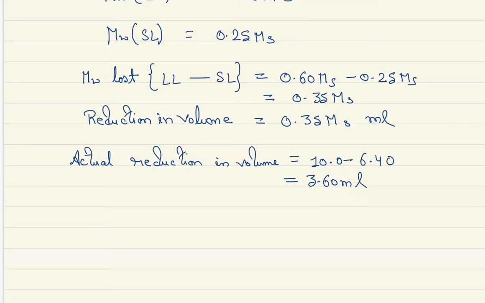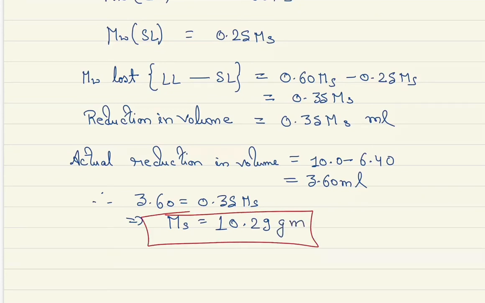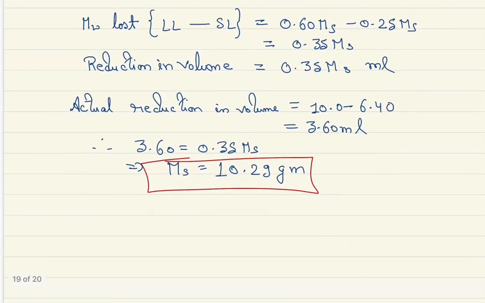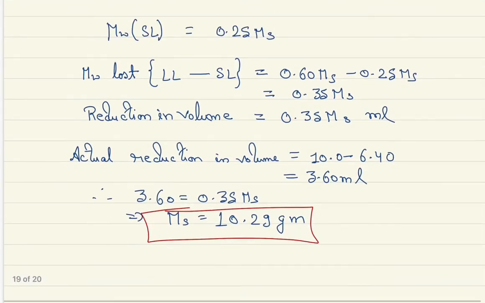Now you know very well that we have to equate this and this. Hence 3.60 is equal to 0.35 ms. From here we can get ms is equal to 10.29 gram.